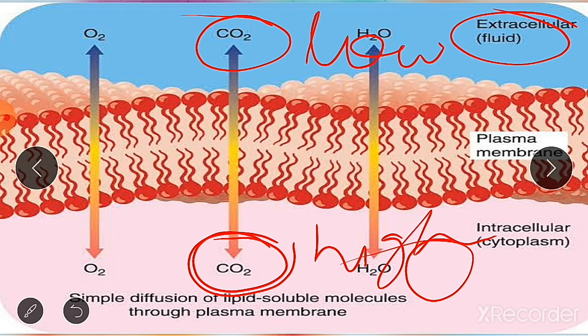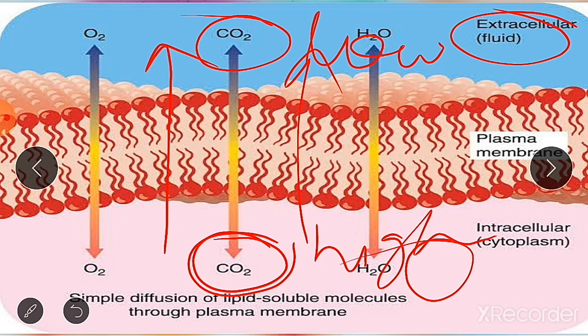So when this difference of concentration is there, carbon dioxide moves out from the cell, from higher concentration to the lower concentration, okay, and this is the process known as diffusion. So carbon dioxide moves out from the cell by the process of diffusion.